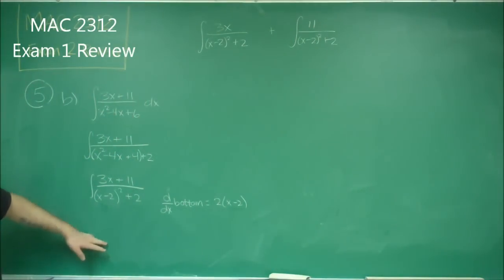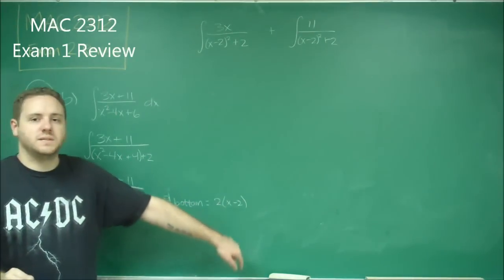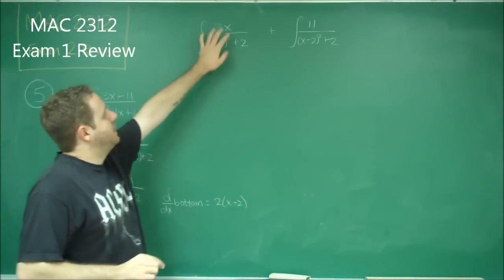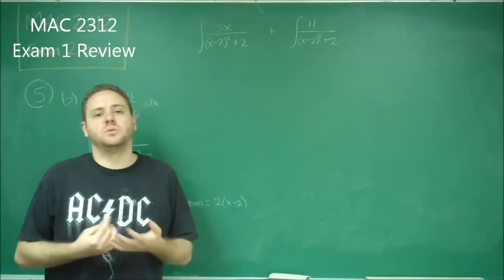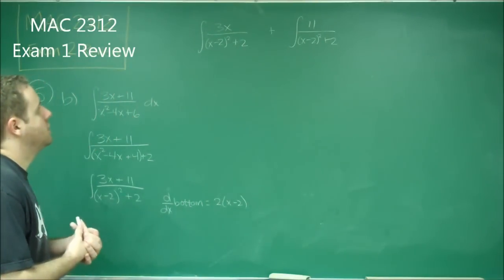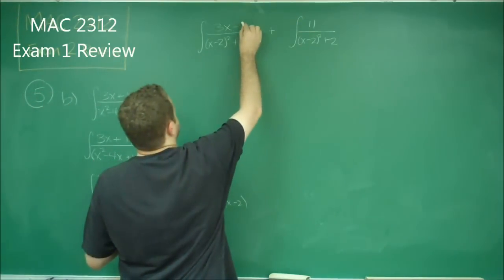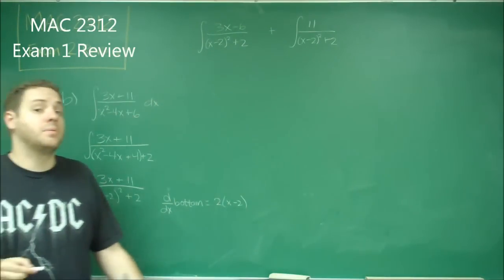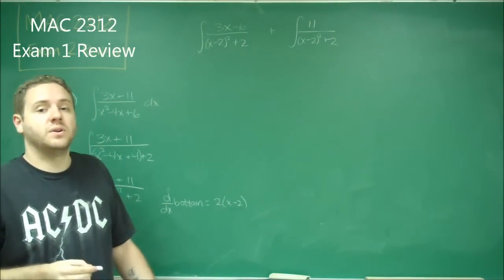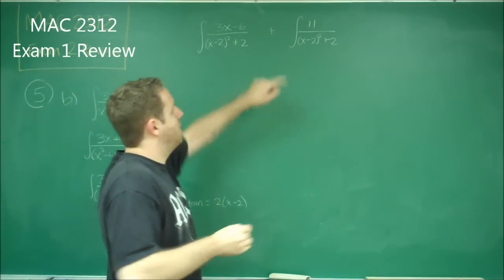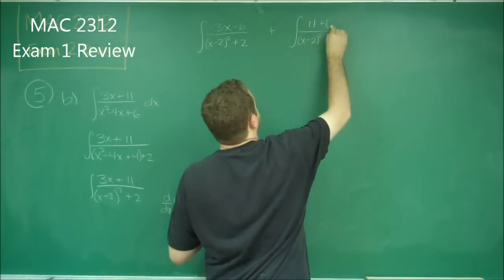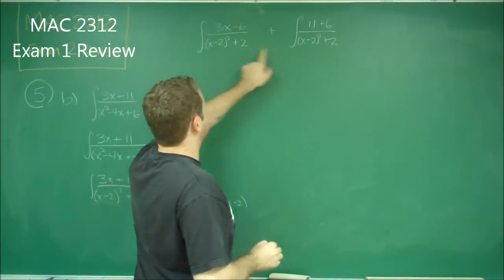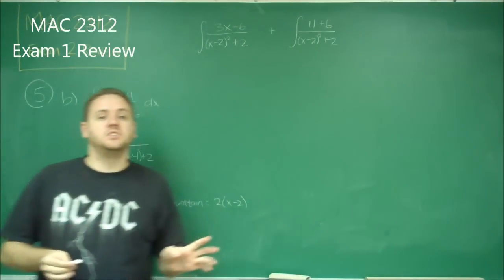Like I was just saying, since the derivative of the bottom is 2 times x minus 2, we need an x minus 2 in the top so that that would turn into a perfect ln. So this has to have a minus 6 for us to do that. You can't just subtract 6 from the top, though, without also adding it. However, if you want to add 6, we might as well add it over here, because that's the same denominator, so that's not changing anything.